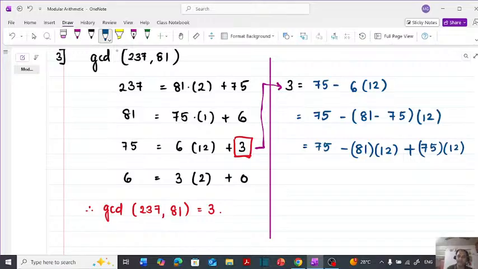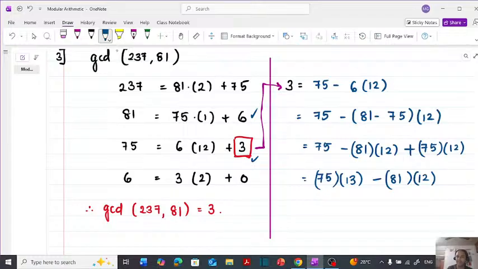Now this 75 is becoming 75 into 13 minus 81 into 12. This is how this is working. Now the 75 which is there, see, we are done with this equation, right? And now this 75 wala equation, so the last equation is the 3 equation we took, that is done.